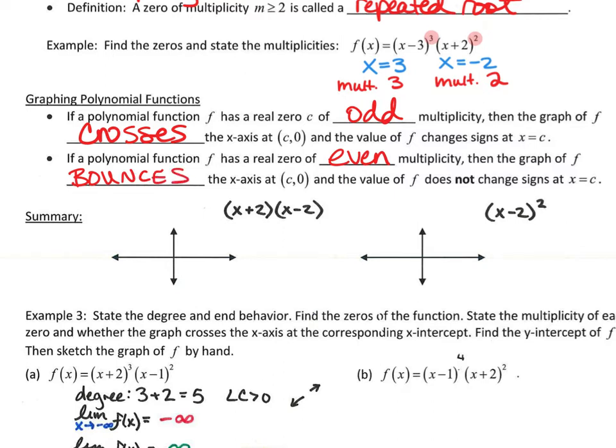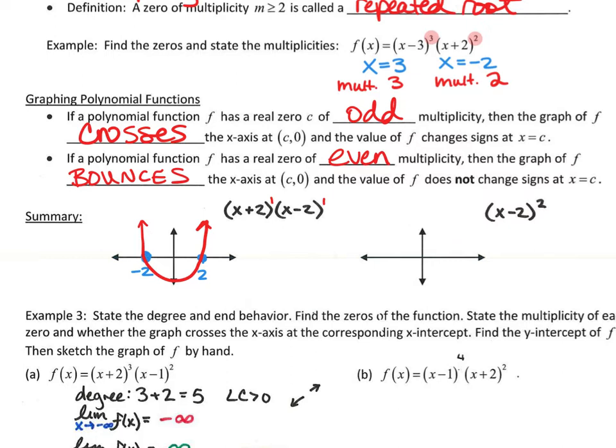So for example, in this graph right here, we're graphing x plus 2, x minus 1. The multiplicity of both of these is 1. So that means at both zeros, this polynomial would cross through there.